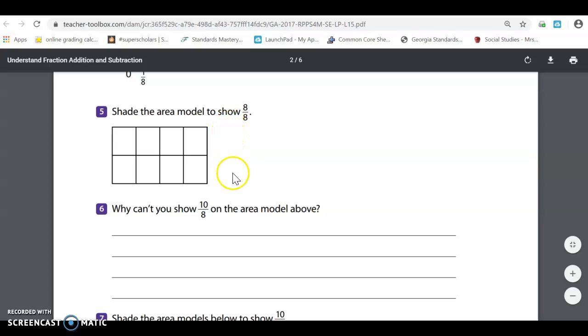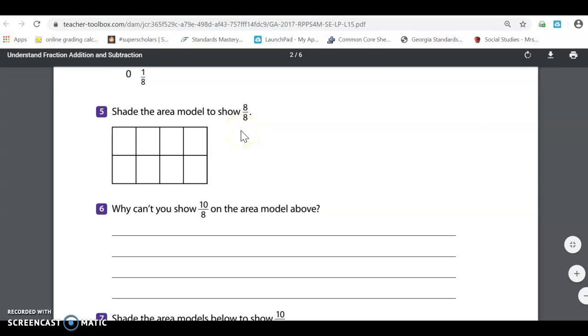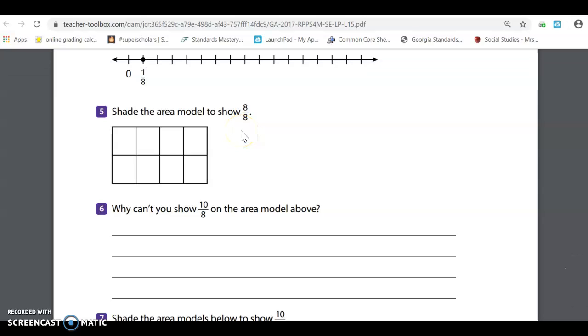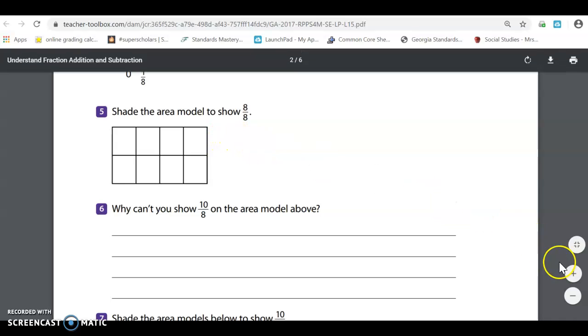I'm going to have to draw another area model partitioned into 8 equal parts. But I'm only going to shade 2 of those parts. That way I will have 8/8 over here, and if I draw another area model that looks exactly like it but only shade 2 of those parts, that would give me 10/8.